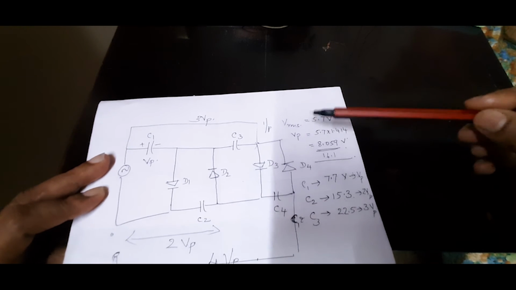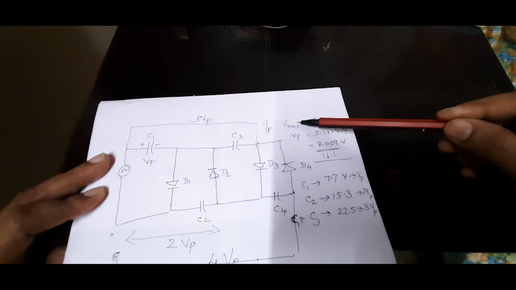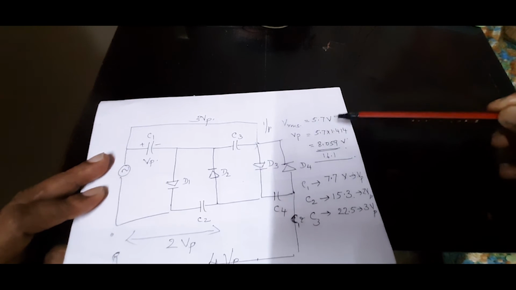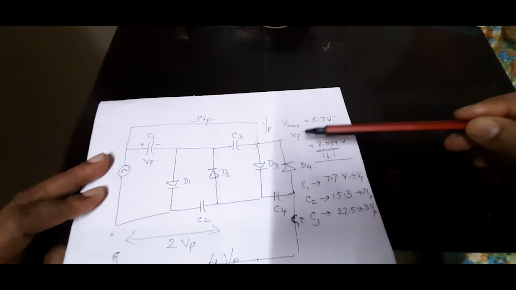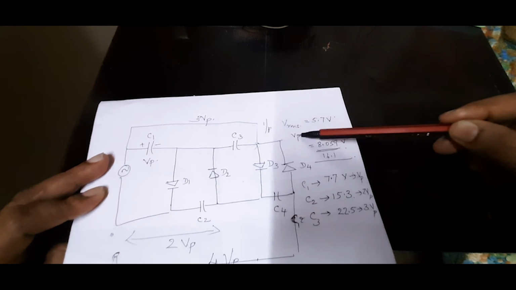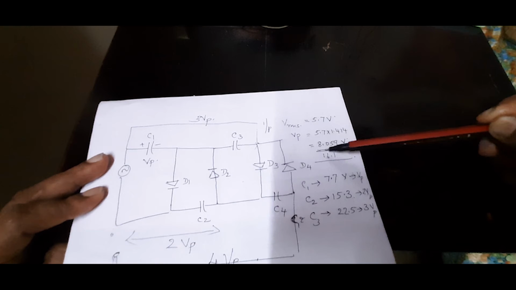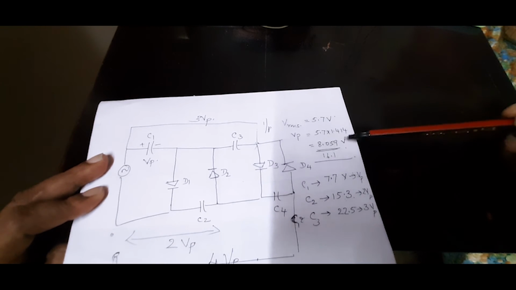So the input VRMS, which we measured using the multimeter by putting it in AC voltage mode, was 5.7 volt. From that, we theoretically calculated what should have been the VP voltage by multiplying it with root 2, and it comes to 8.05.